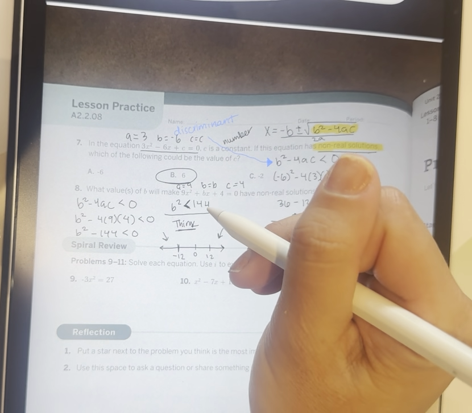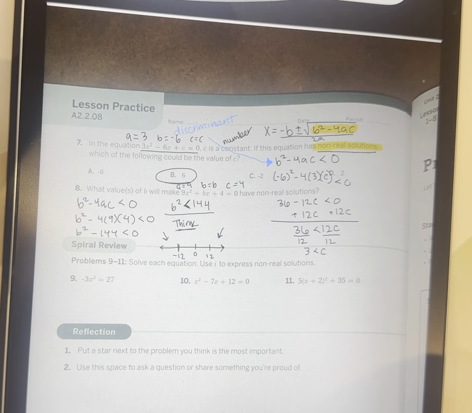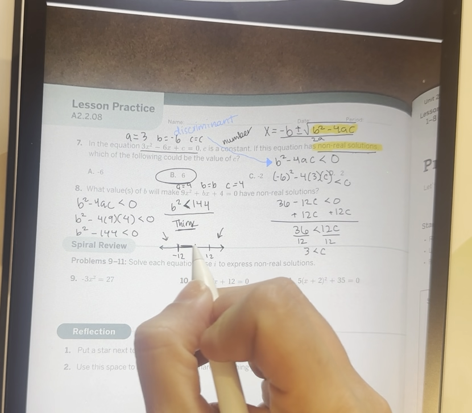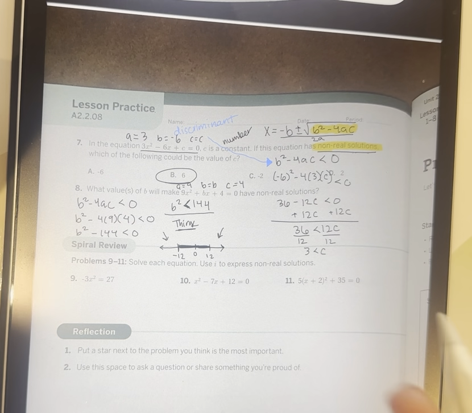And then that makes this, again, fail. So really, the sweet spot of where this works is everything in between 12 and negative 12. Okay? We gotta be less than 12, but we gotta be more than negative 12.